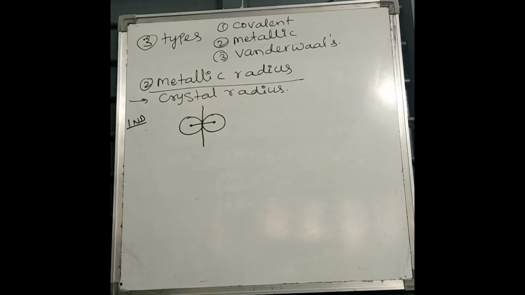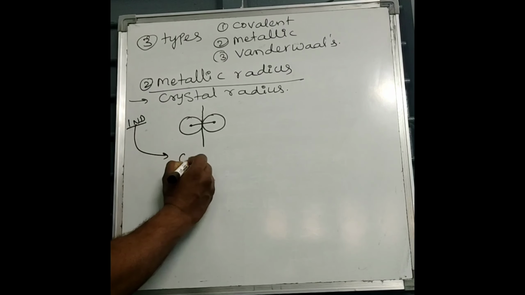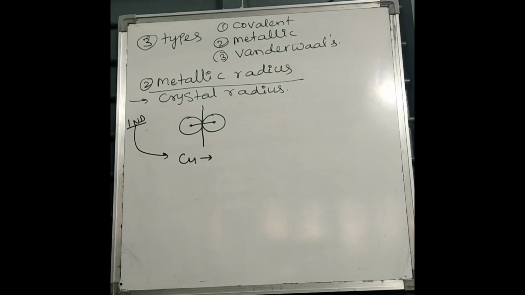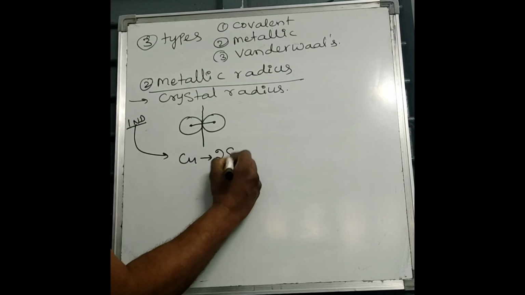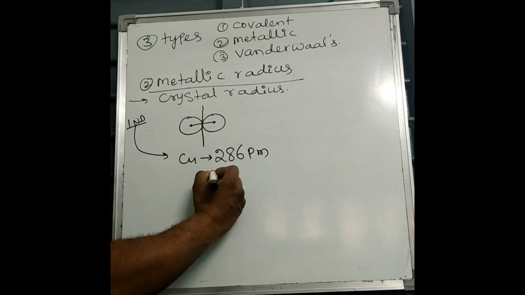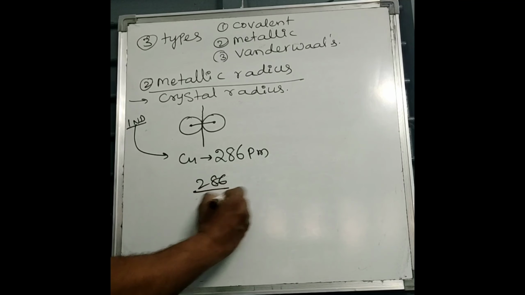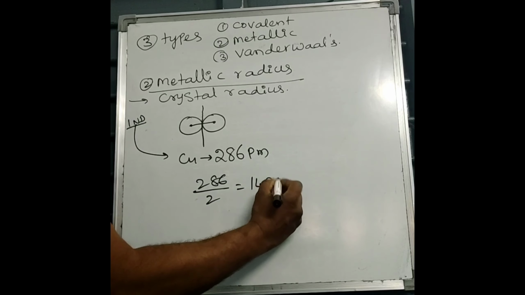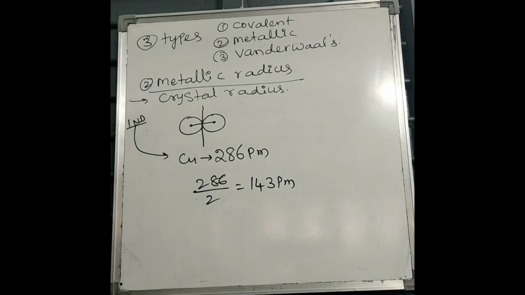Say for example, the internuclear distance of copper is 286 picometers. Now what is metallic radius? 286 divided by 2, 143 picometer for copper.